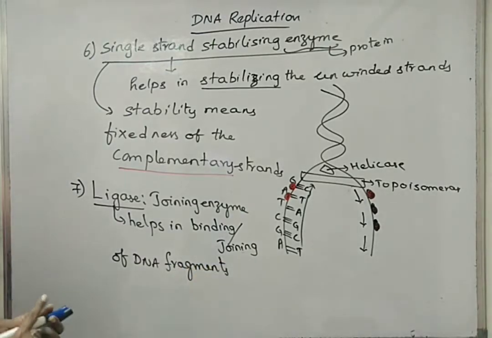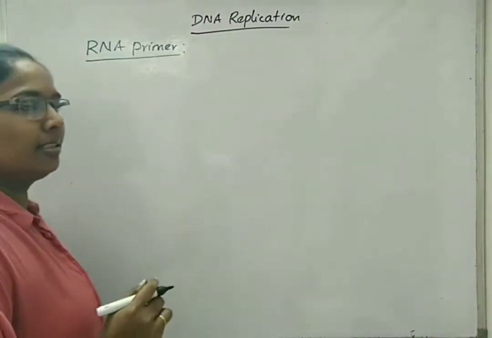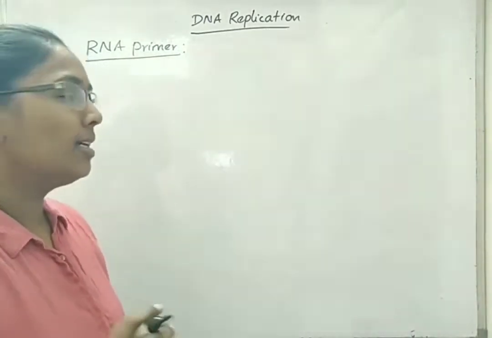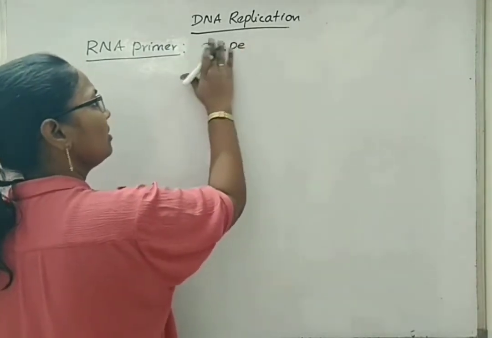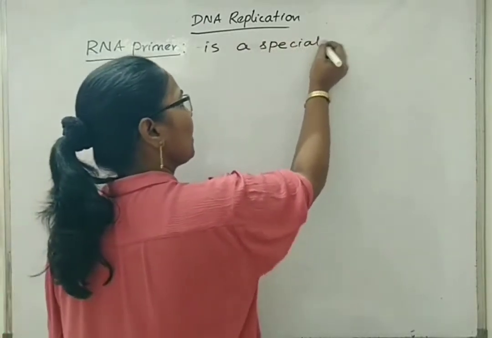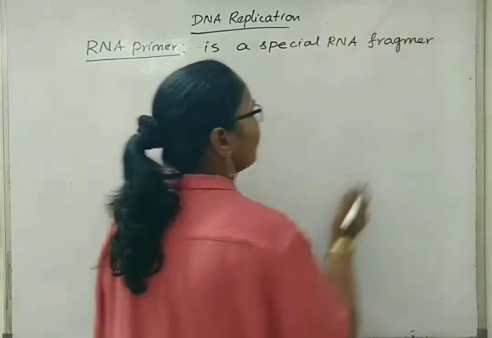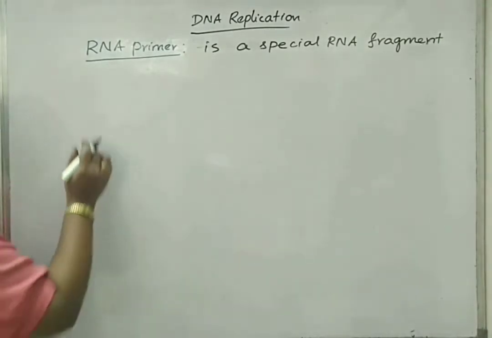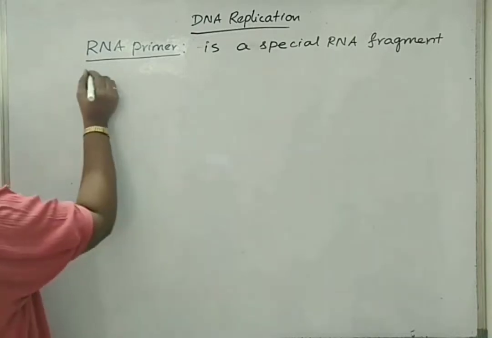Next is RNA primer. For DNA synthesis, there is a need of a special type of RNA fragment called RNA primer. RNA primer is a special RNA fragment that helps in binding of new nucleotides for the synthesis of DNA strand.